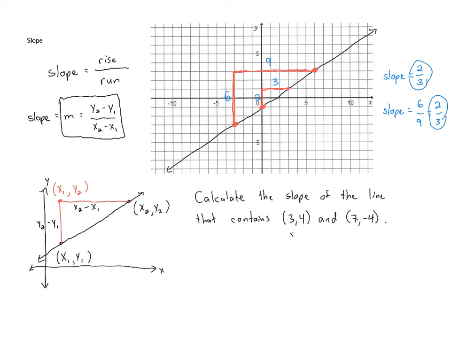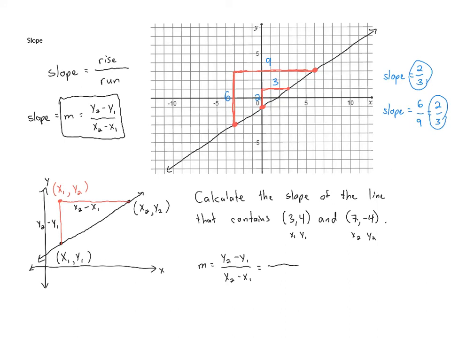All right, this is our first point, so that's going to be our x1 and y1. This is our second point, so that's going to be our x2 and our y2. Now to calculate the slope, we've got y2 minus y1 over x2 minus x1.